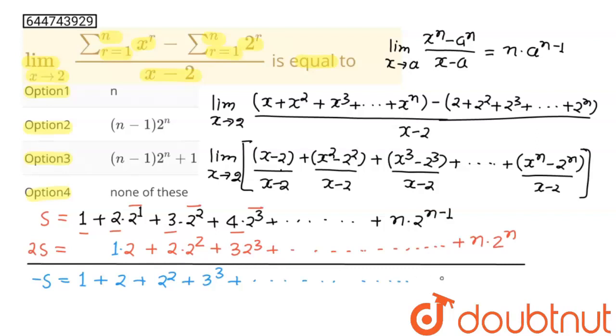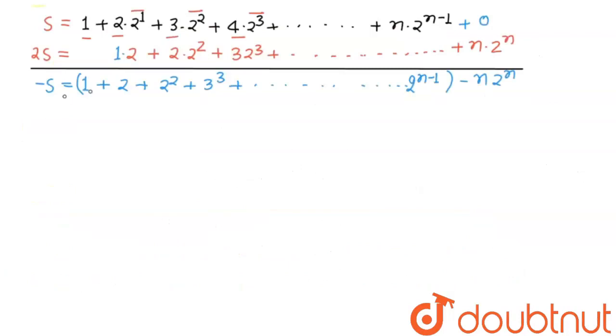Okay, and here this will be 2 to the power n minus 1, minus n times 2 to the power n. Okay, this will go in minus sign because there is plus 0 minus this part. Okay, now I'm going to multiply minus on this side, so we'll get S is equal to minus summation of this.